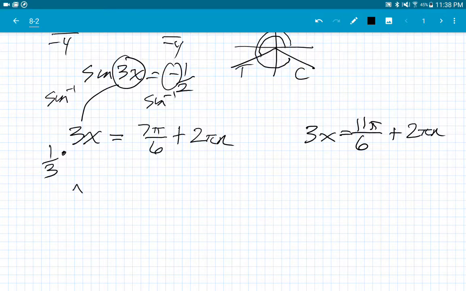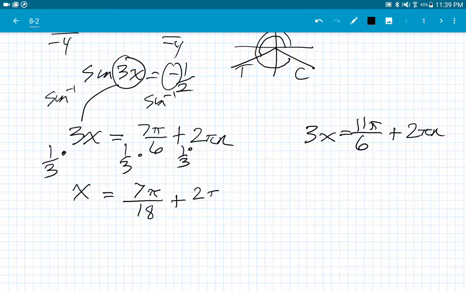In doing so, we end up getting 7 pi over 18, and for the 2 pi n times 1/3, we get 2 pi over 3 n, like that.